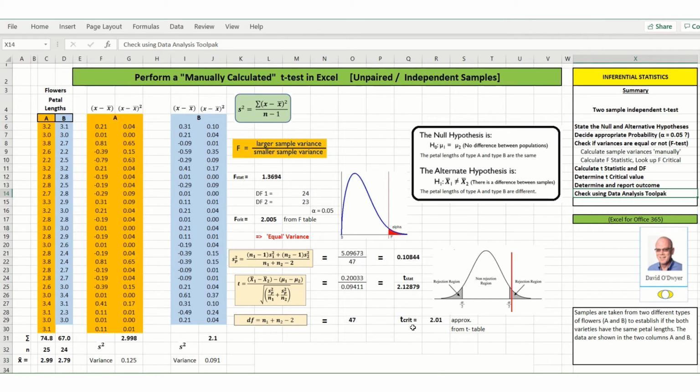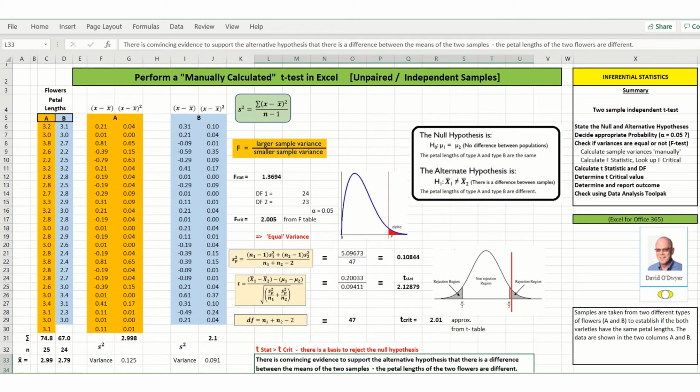In other words, it's greater than the t-critical, which is 2.01, the point where we enter the zone. So on that basis, we can say that there is convincing evidence to reject the null hypothesis. Overall, we can say there's convincing evidence to support the alternative hypothesis that there is a difference between the means of the two samples. In other words, that the petal lengths of the two flowers are different.